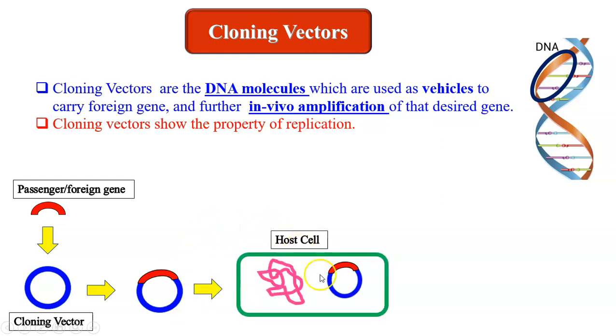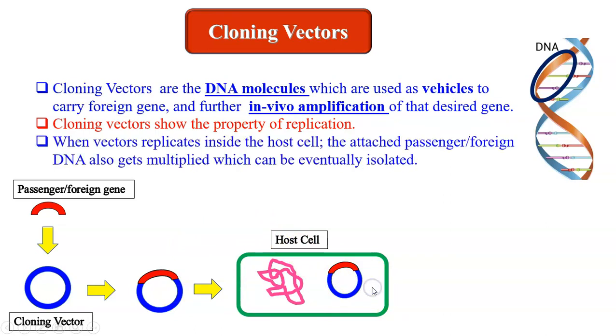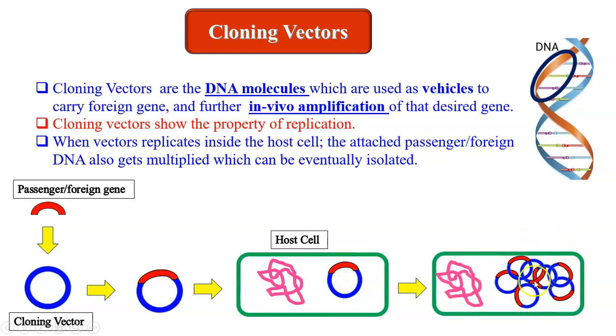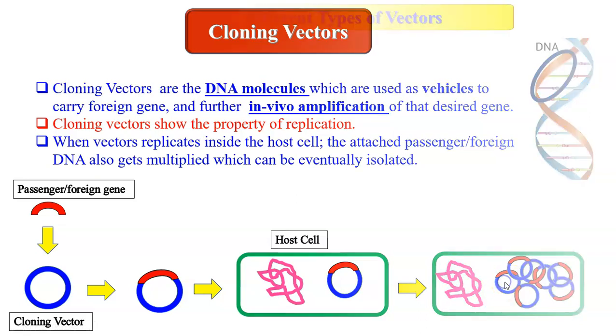This cloning vector is introduced into a competent host cell, and this host cell undergoes multiplication, and the multiplication of this recombinant DNA takes place. So the number of copies of this DNA segment get produced inside this cell. So this is done with the help of cloning vectors. Through cloning vectors, the segment of DNA is introduced into the host cell and multiplication is carried out.